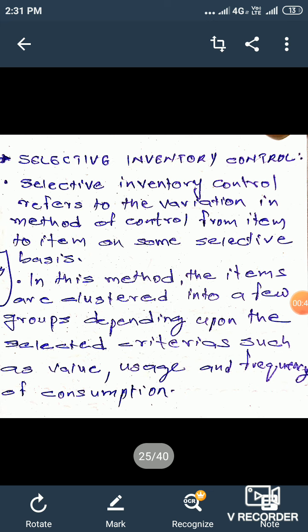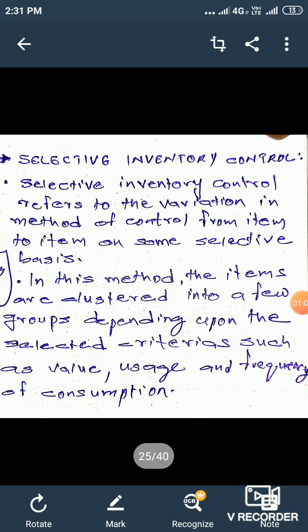Selective inventory control refers to the variation in method of control from item to item on some selective basis. In this method, the items are clustered into a few groups depending upon selected criteria such as value, usage, and frequency of consumption.